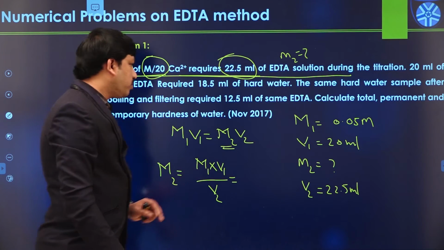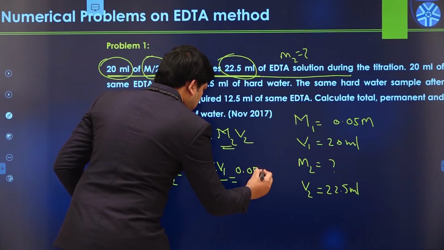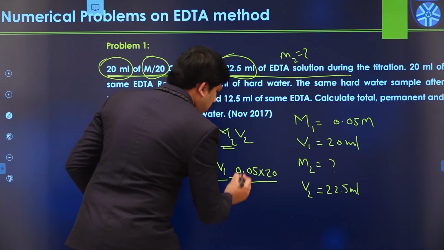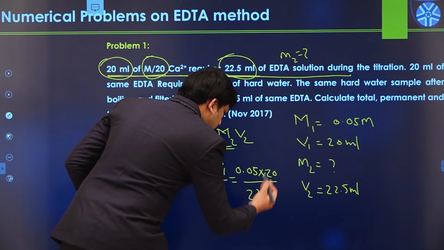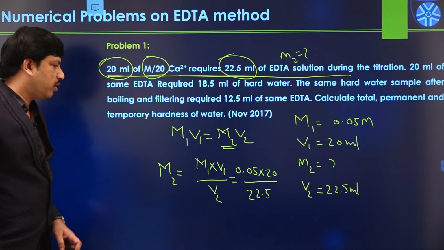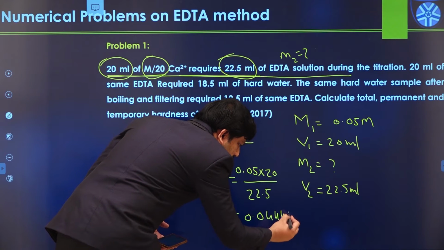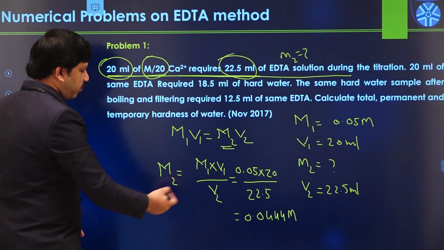What is the M1 value? 0.05 into V1, 20 ml, divided by V2, 22.5 ml. If you do this calculation, it comes to 0.0444 molar. So this is the M2 value. What is M2?